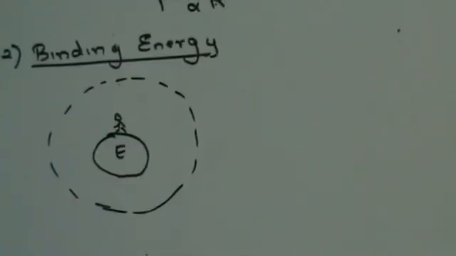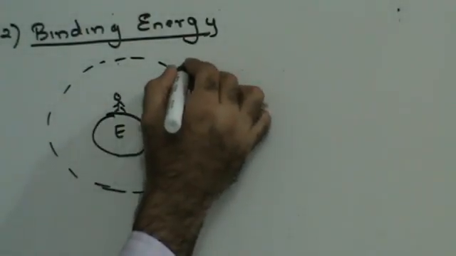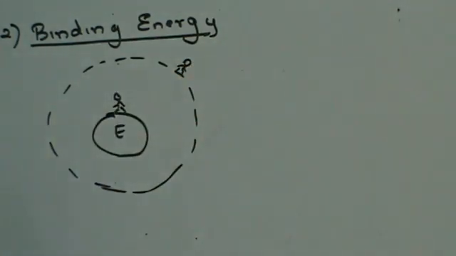How much energy should be given so that this object can escape the gravitational field of the Earth? The minimum energy that should be given to the object so that it can move from any point on the Earth's surface beyond the gravitational field is called the binding energy.